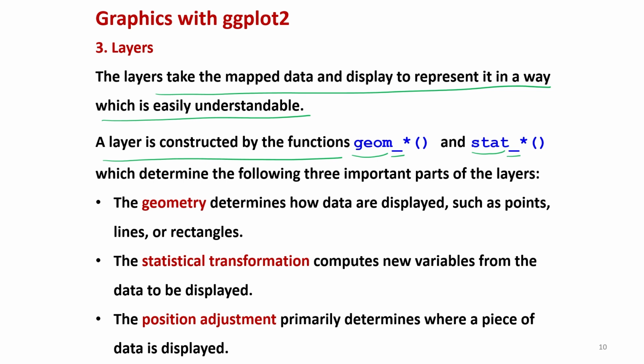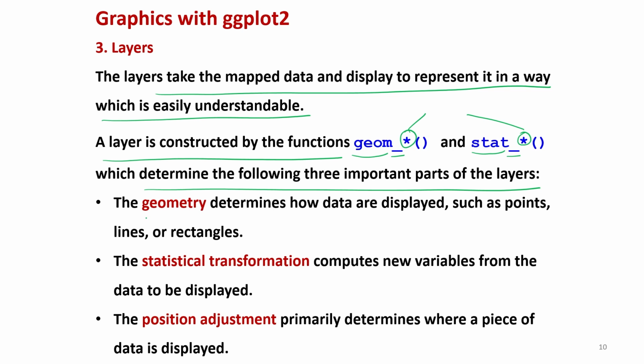One thing I can explain here is that I am writing a star. The star means that something is to be added here depending on the requirement, but these functions will start with geom_ and stat_. These functions determine the three aspects of the layer: geometry, statistical transformation and position adjustment.